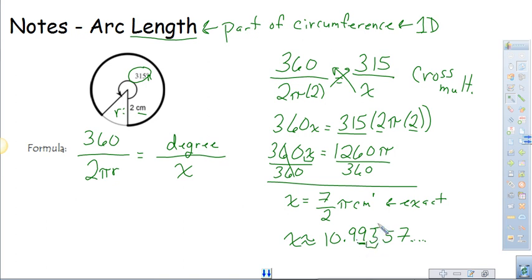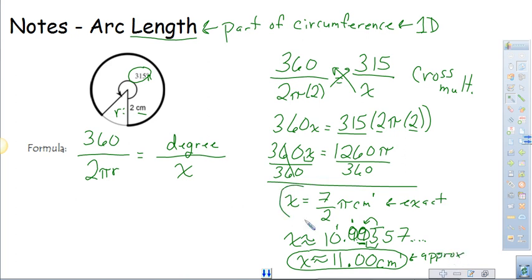Since this is a 5, we're going to bump this guy up to be a 10, which bumps this guy up to be a 10, and bumps this guy up to actually an 11. And since you're rounding to hundredths, you still put the 0.00 to show that it's not exactly 11, and it is rounded to that. Okay, so this guy, as goofy as that was, is our approximate, and this guy is our exact.